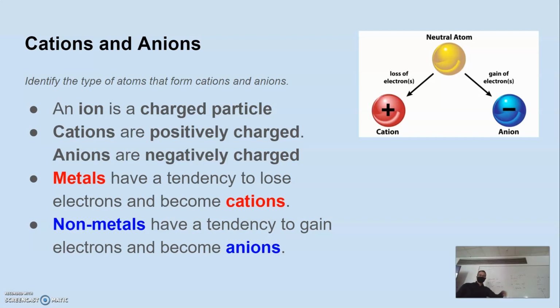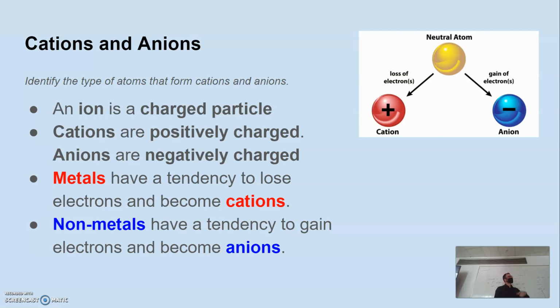The type of atoms that form cations and anions: metals will form cations, and non-metals will form anions, generally speaking. Metals form cations because they have 1, 2, or 3 electrons in the outer shell, which means it's more easily able to lose those electrons than it is to gain 5, 6, or 7 electrons.